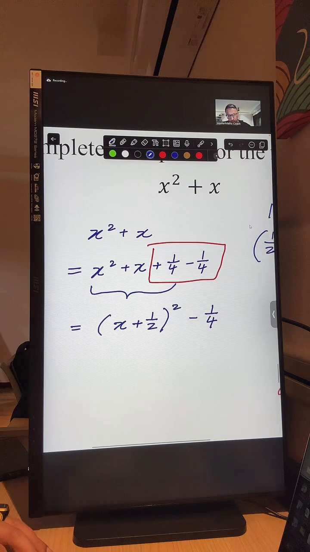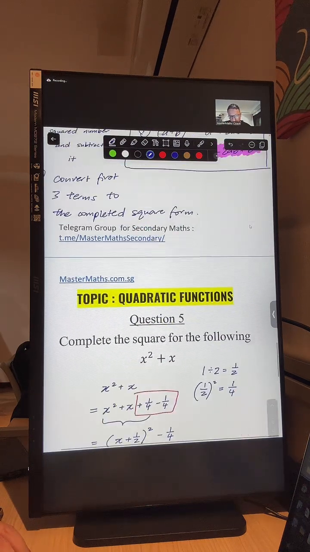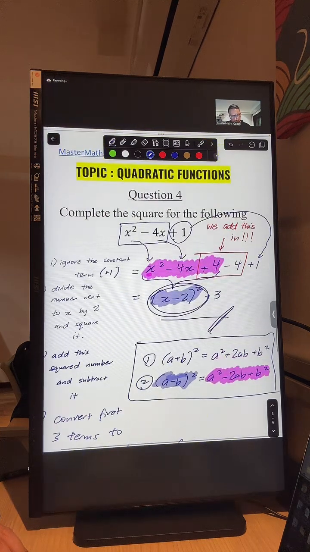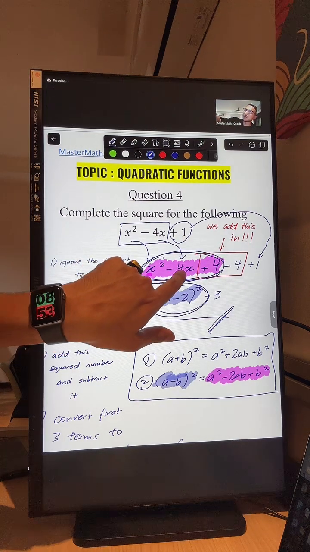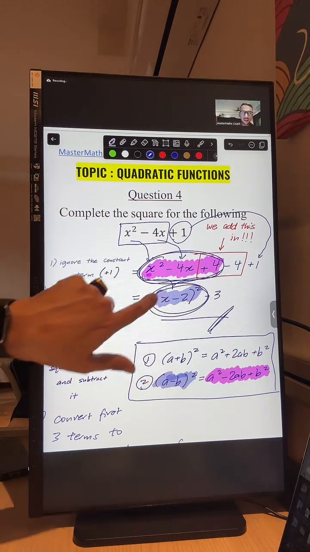So, it would be good if you all can see the difference between this one, question number 5, and question number 4. So you see in question number 4, these three guys, x squared minus 4x plus 4, they become this one here.